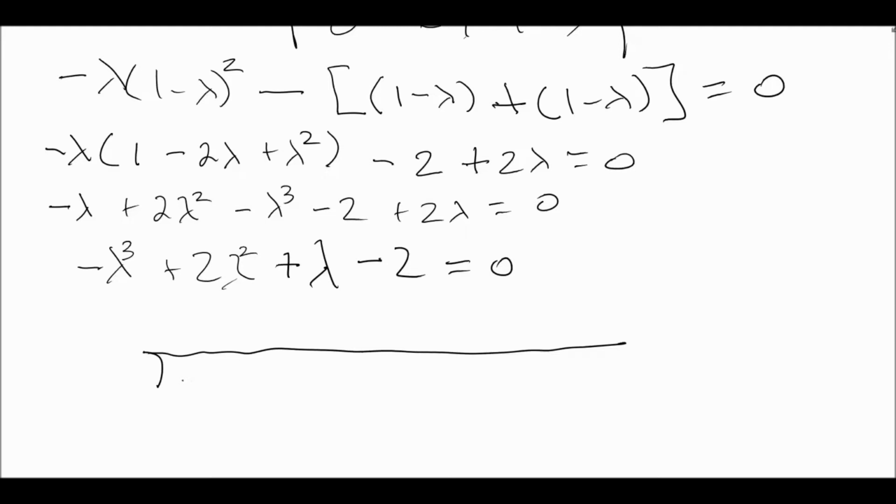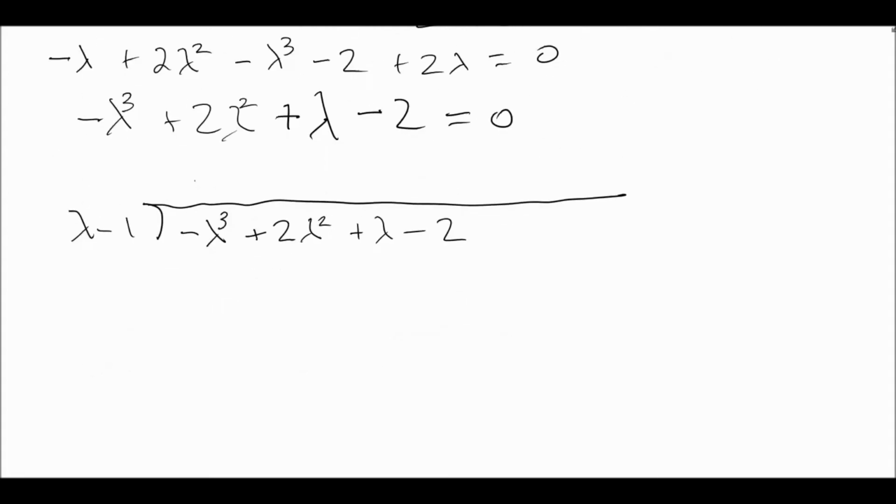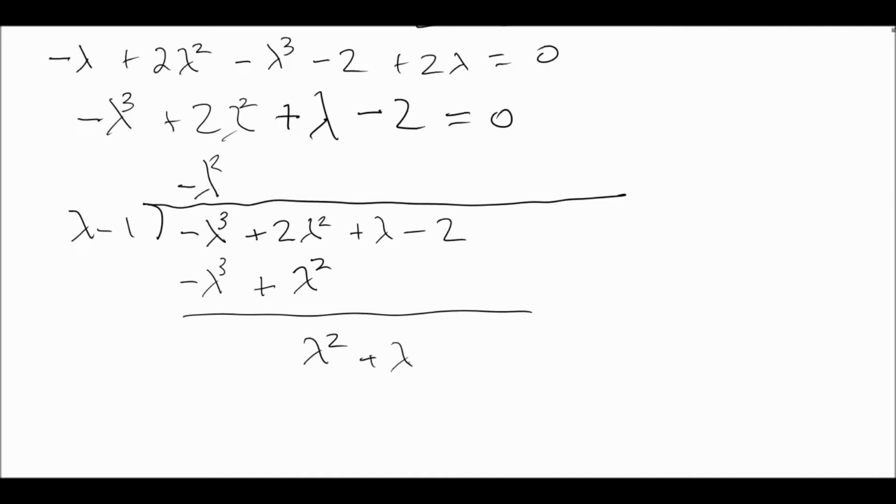Which means that we can find the other 2 more simply after we complete the division of lambda minus 1, and then we'll put our cubic inside. So what do we need to multiply lambda by to get minus lambda cubed? Minus lambda squared. We say the top row minus the second one, we end up with lambda squared plus lambda minus 2.